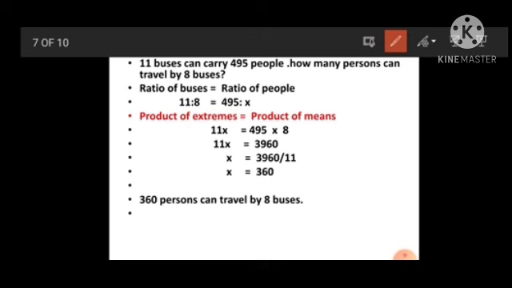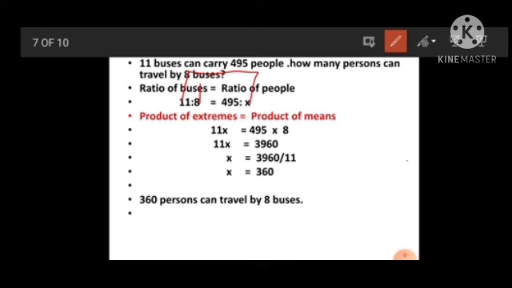So product of extremes is equal to product of means. Now again, product of extremes, first and fourth term, 11x, and product of means, second and third term, 8 multiplied by 495. Now we multiply 495 multiplied by 8, 3960.